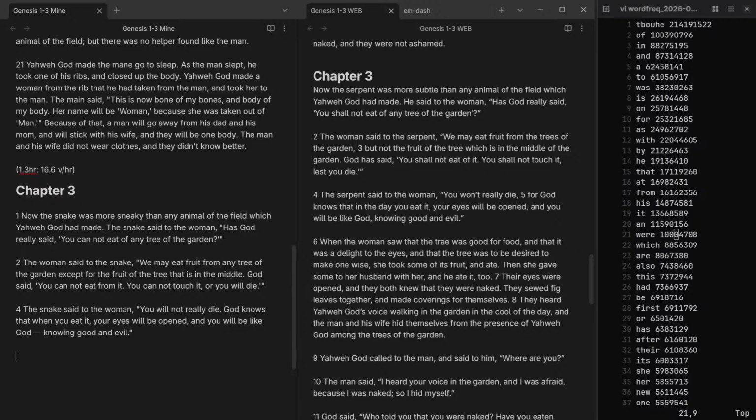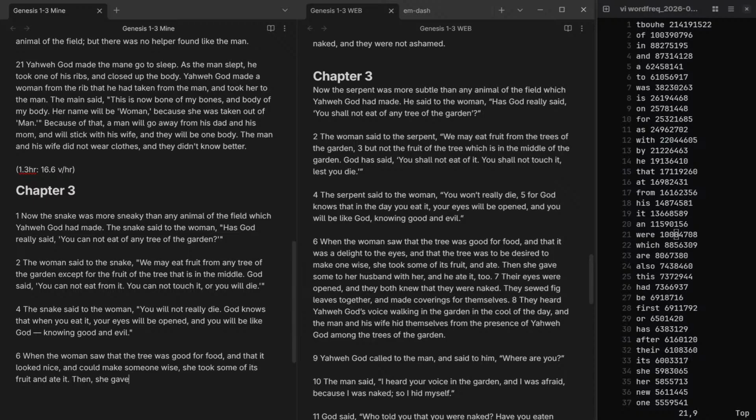Now then, the woman's left with a choice, right? She now has to think about it. When the woman saw that the tree was good for food and that it looked nice, and that the tree could make one wise, she took some of its fruit and ate it.